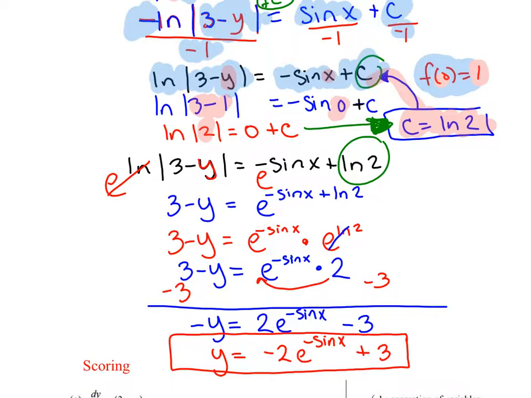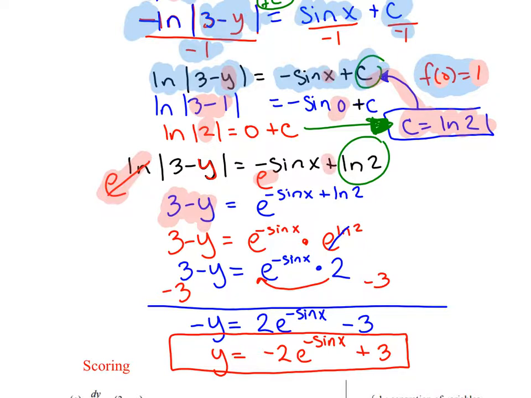Now you got this. Now it's kind of worth it to get y by itself. So e to the power on both sides will get rid of this natural log, because now on the left side we're going to be left with 3 minus y. On the right side, so now let's look at what happens here.